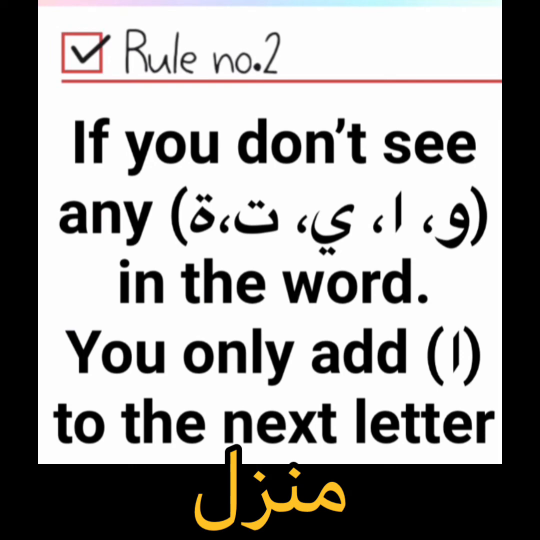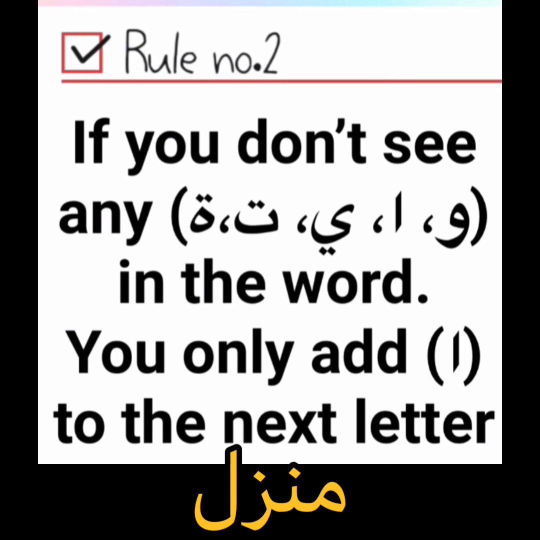Rule number 2, if you don't see any واو ألف ياء تاء مفتوحة تاء مربوطة in the word, do we see واو? No. Do we see ألف? No. Do we see ياء? No. Do we see تاء مفتوحة?